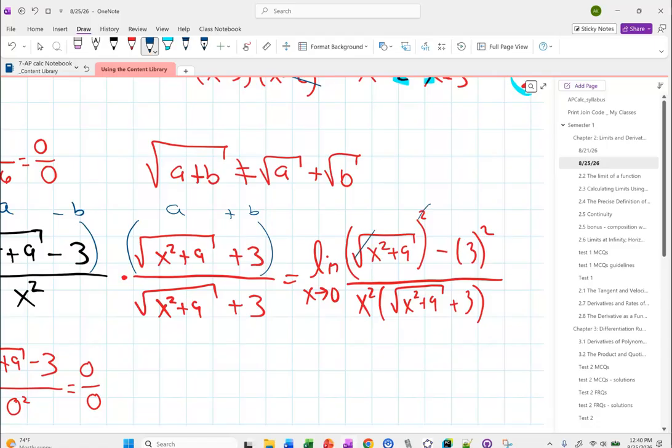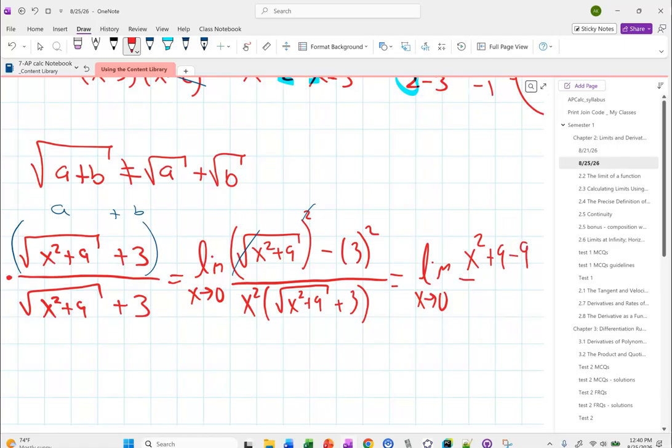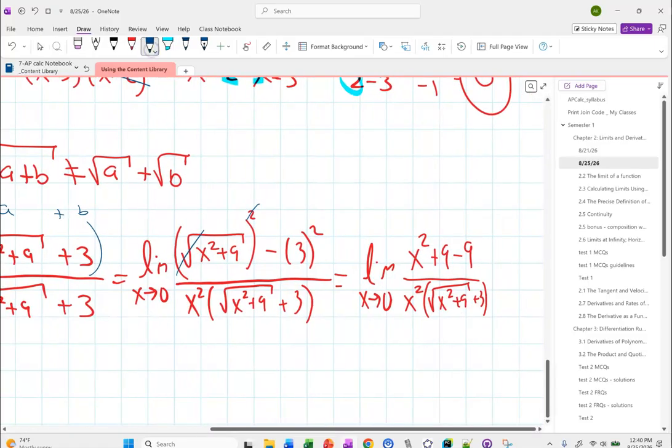So the squared cancels with the square root, right? So I'm going to have x squared plus 9 with no square root minus 9. What do you notice is going to happen here? Plus 9 and minus 9 cancel each other out, right?